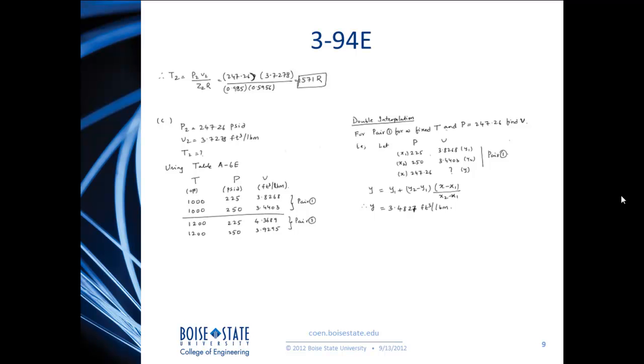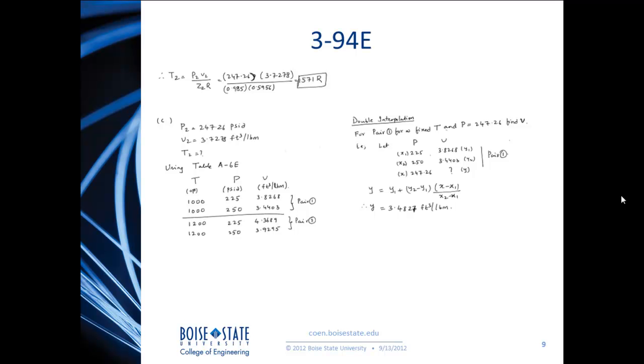The way you do that is you first find the pressure lying between two values from the table, and it happens to be 225 psi A and 250 psi A for our case, and find the specific volumes at those ranges and then the corresponding temperatures. Similarly, find another range which would be greater than the specific volume given in the problem, which happens to be 225 psi, 250 at the same pressure. However, the temperature now is 1200 Fahrenheit for pair 2 of our selection.